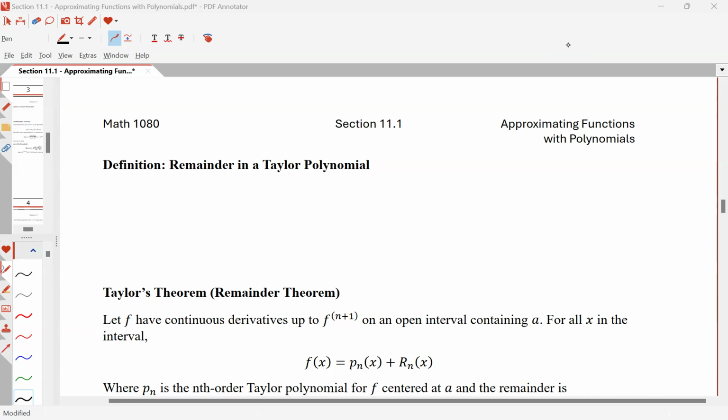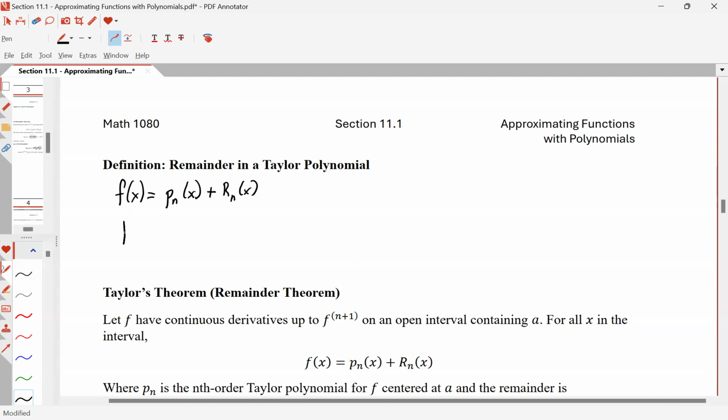We know that a function is approximately the nth Taylor polynomial, as that is what we're using to approximate. Using the idea of series and remainders in series, there is this function that is equal to the nth Taylor polynomial plus some remainder function.